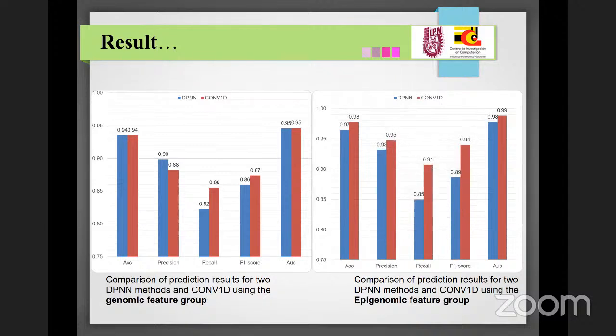Here we have two diagrams. On the right side, you can see a comparison of prediction results for the two methods, DPNN and convolution 1D, using the genomic feature group. The next diagram is about the comparison between the two methods using the epigenomic features.